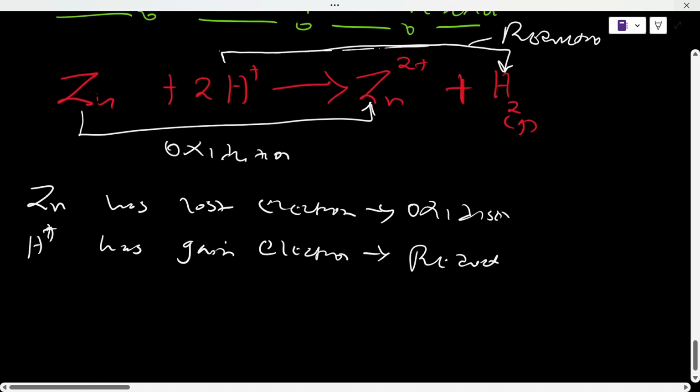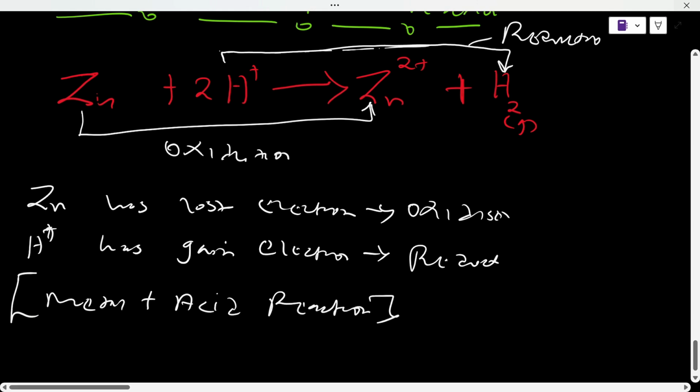So in conclusion, I can say metal acid reactions can also be treated as redox reactions.